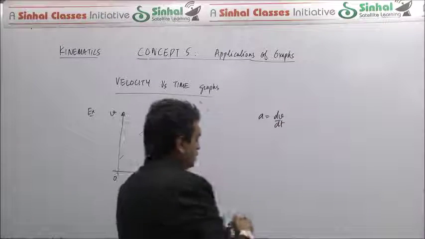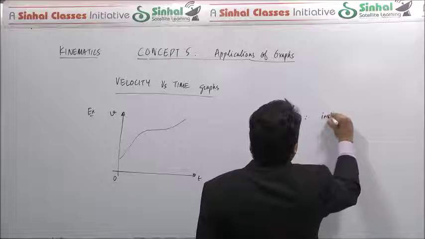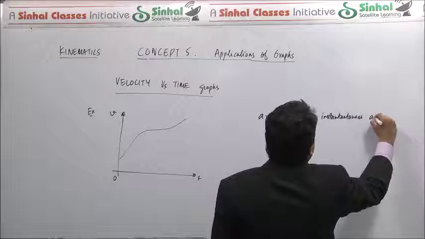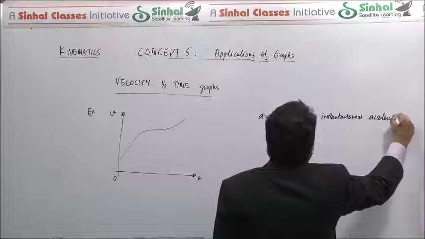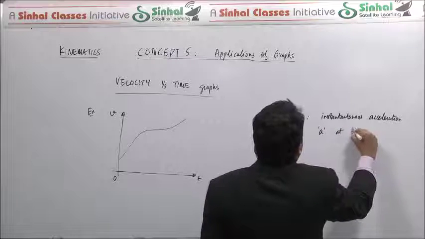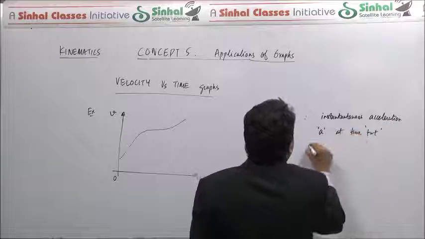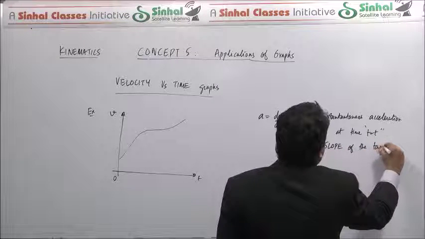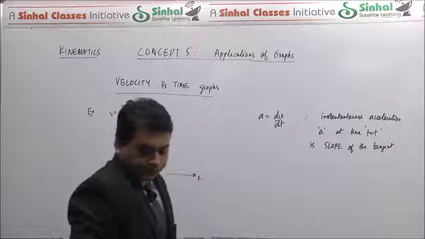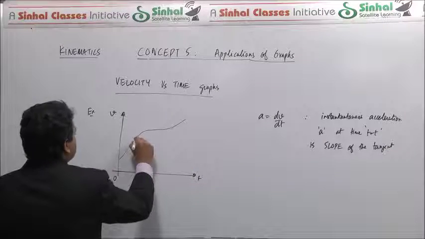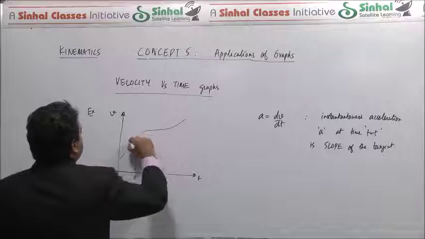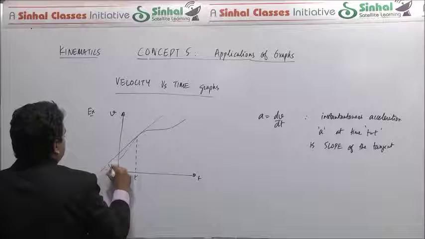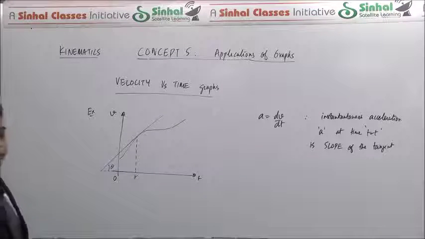So that means again we can say that instantaneous acceleration at time t equal to t is the slope of tangent drawn at that point. So for example, if I want to find out the acceleration at this time t, draw this tangent here, and tan theta will give us the instantaneous acceleration.